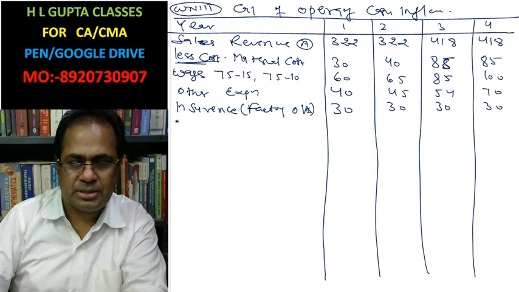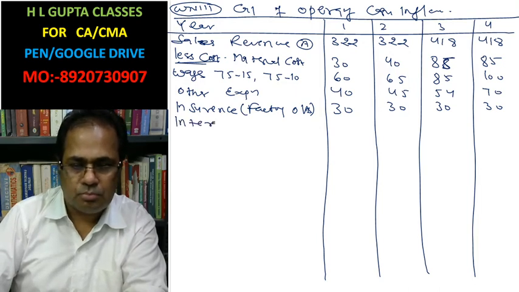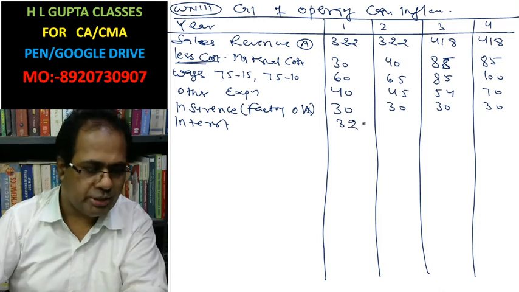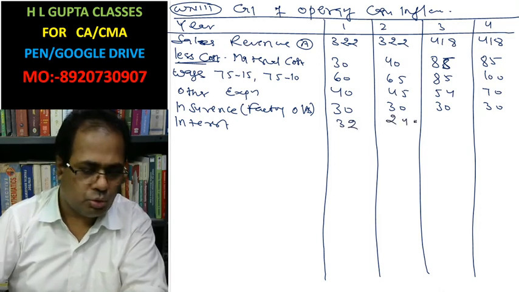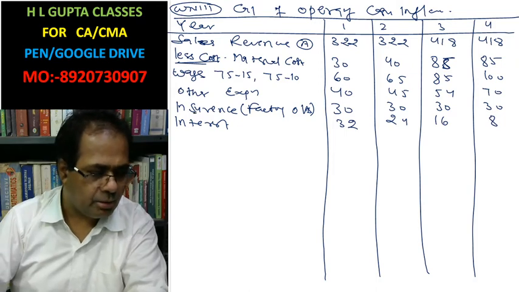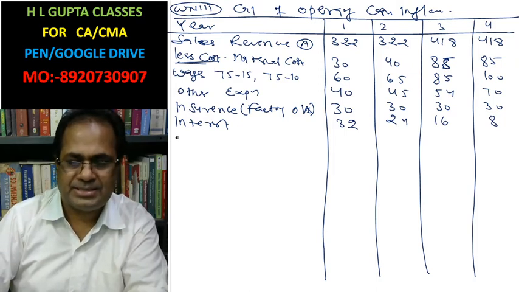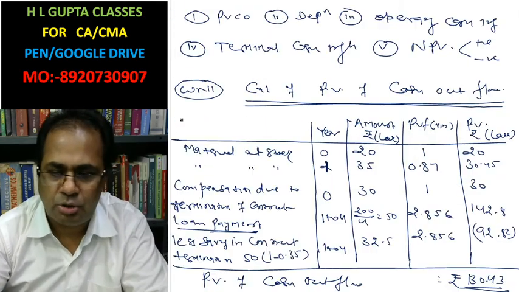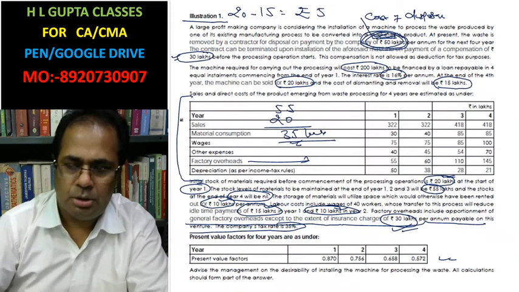Now interest already calculated here: 32, 24, 16, 8. Depreciation information is already given in the question.